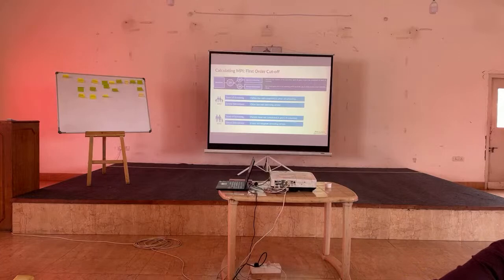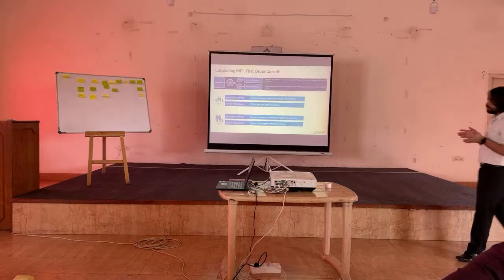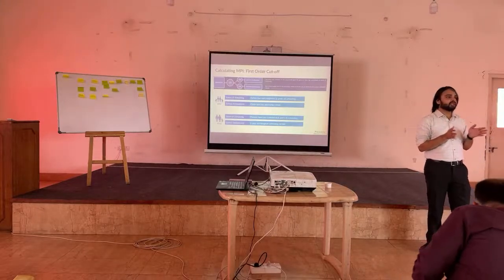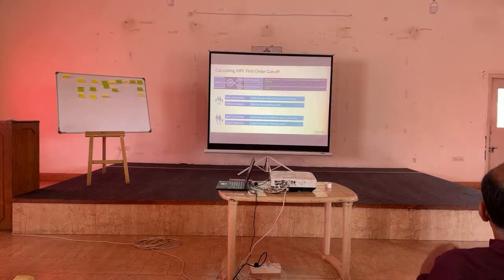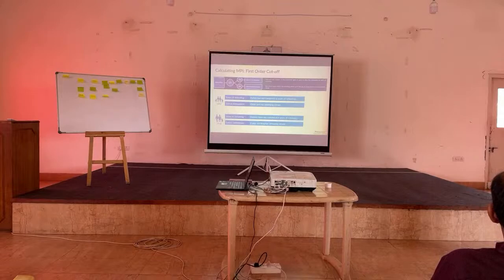So the reason is because when you're calculating the weights, the government, or the people who are measuring multidimensional poverty, by assigning these weights, what they're trying to say is how much this particular indicator, or this dimension, contributes to that household being multidimensionally poor.